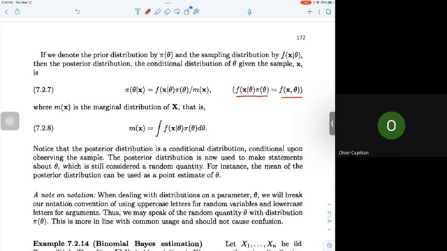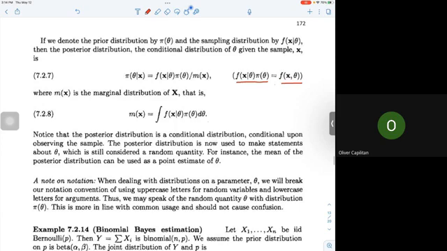Notice that the posterior distribution is a conditional distribution, conditional upon observing the sample x.